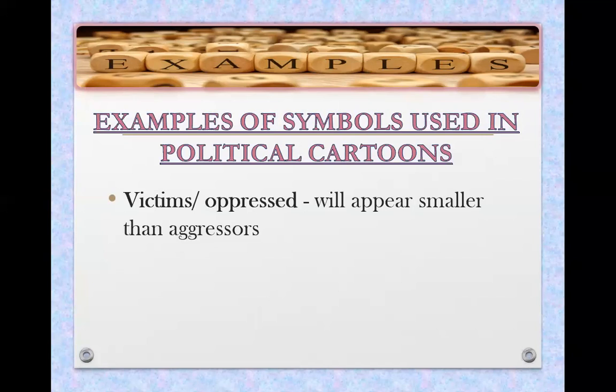So victims and oppressed people can be shown in that particular picture in a smaller way, to show that they are the ones being dominated. Remember, I showed you a picture related to the Mughal and British era.